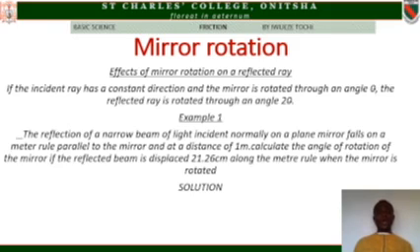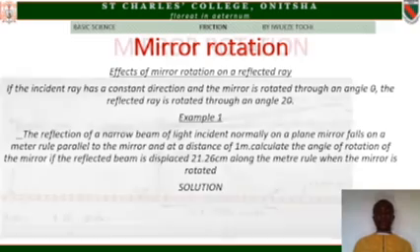The reflection of a narrow beam of light incident normally on a plane mirror falls on a meter rule parallel to the mirror and at a distance of 1 meter. Calculate the angle of rotation of the mirror if the reflected beam is displaced 21.26 cm along the meter rule when the mirror is rotated.